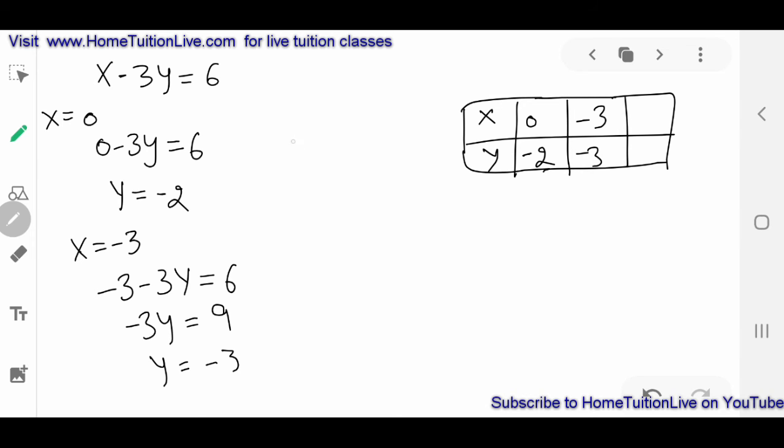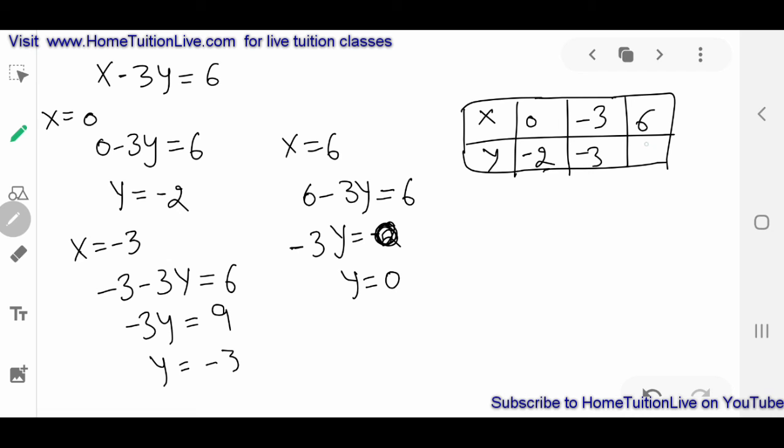Now if x is equal to 6, 6 minus 3y equals 6, so minus 3y equals 0, so y equals 0. So y value is 0.